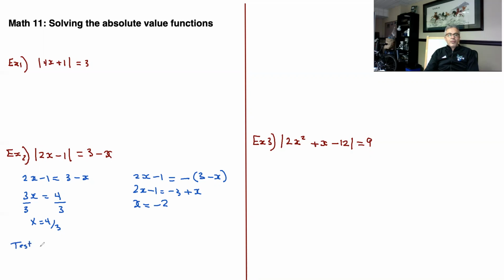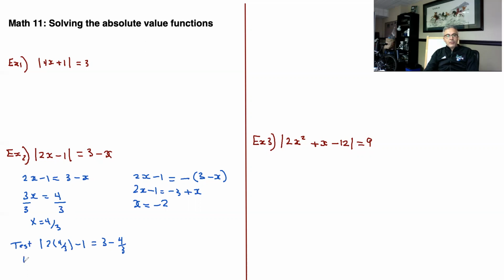If we test the 4/3, we'll have the absolute value of 2 times 4/3 minus 1 equals 3 minus 4/3. 2 times 4/3 is 8/3.